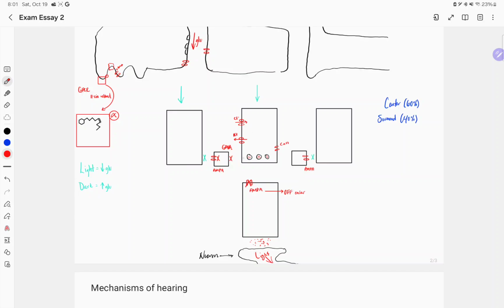And everything that happens up here is the same. You know, if light hits, then we'll have less glutamate coming out here. If dark hits, more, and then if you have a lot of glutamate coming out here, then that means AMPA will open and give you action potential because sodium will be coming in. If you have little glutamate, then you won't have AMPA open.